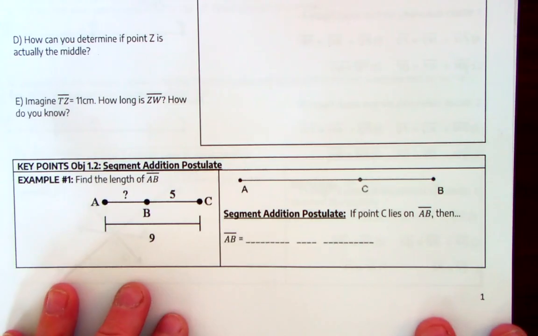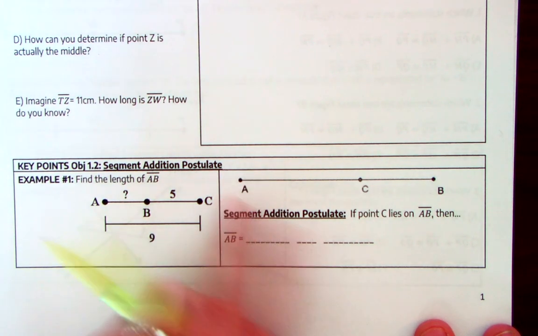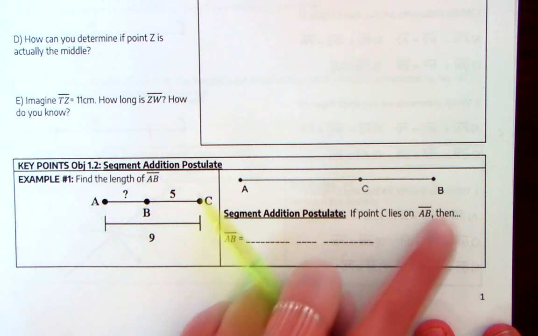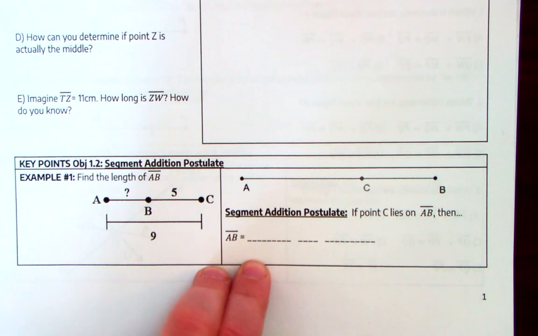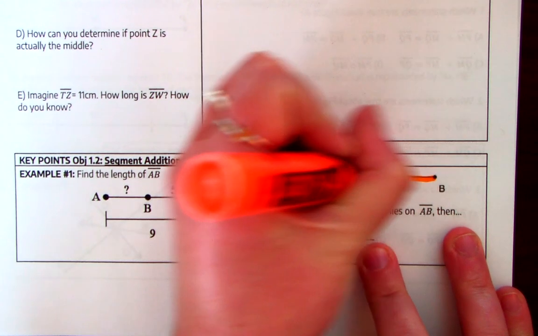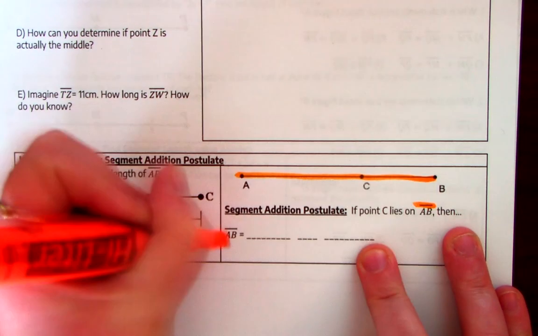Okay, so we're going to get right into it. We did this activity in class, and in our key points box, we learned something called the segment addition postulate. That is when you see a picture like this. If we have point C lying on AB, so we have this entire segment A to B that I'll outline in orange. That distance is an orange distance.